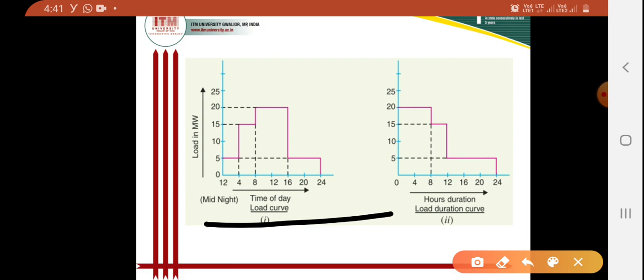As per the question's data, you have to draw the plots. Our first plot will be for the load curve, then the next plot will be for the load duration curve. So coming to the solution.